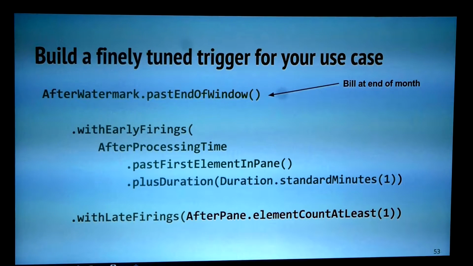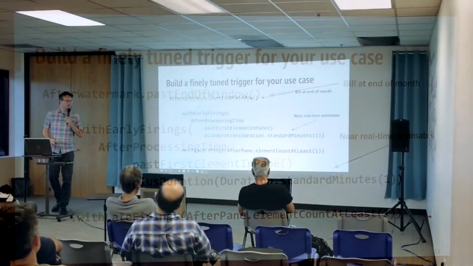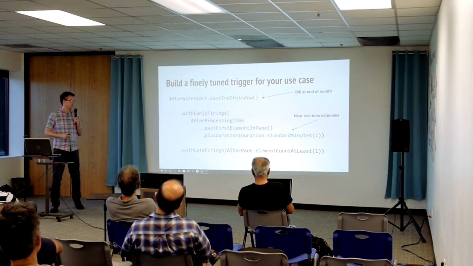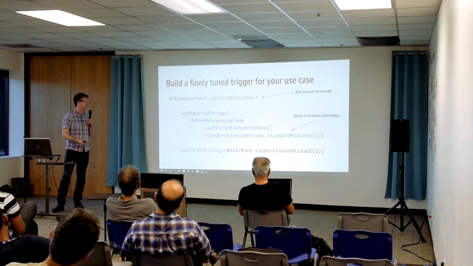And the base trigger then, to that I add early firings after processing time past first element in pane plus duration standard minutes 1, which is the Beam way of saying after you receive some input, you set it after a minute, you should emit some output. So that you are setting kind of a lower bound.